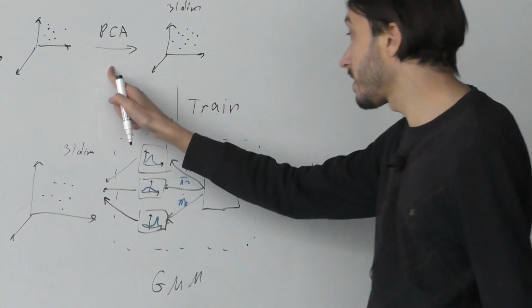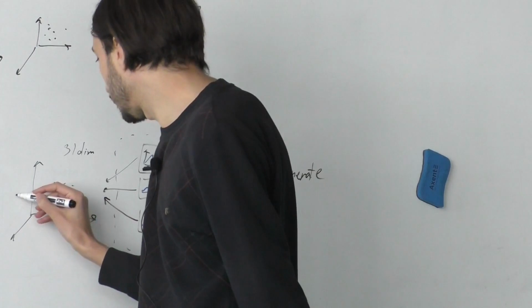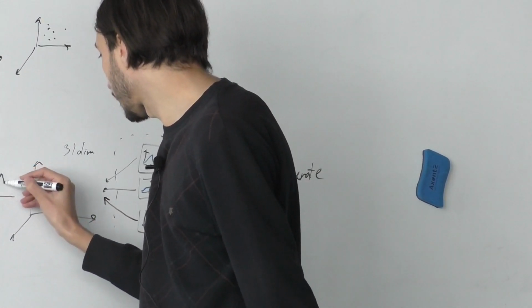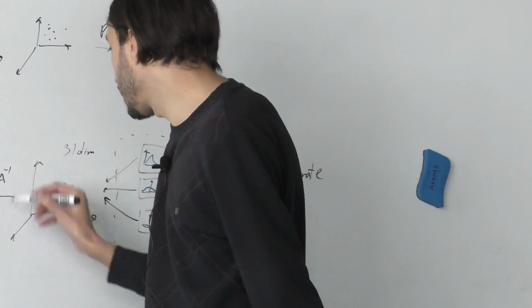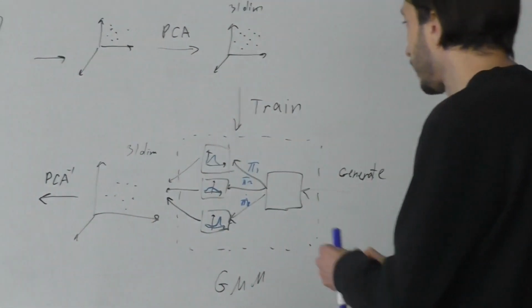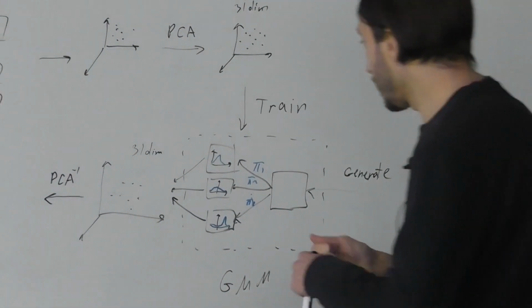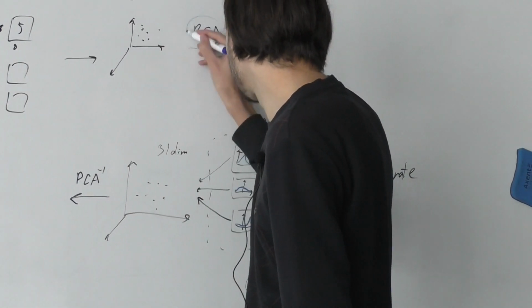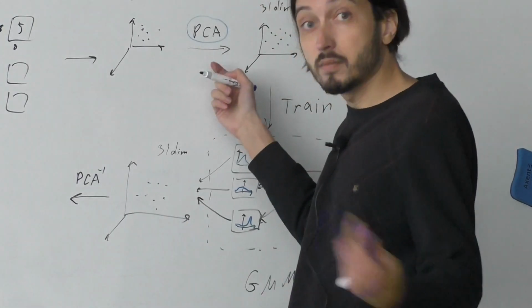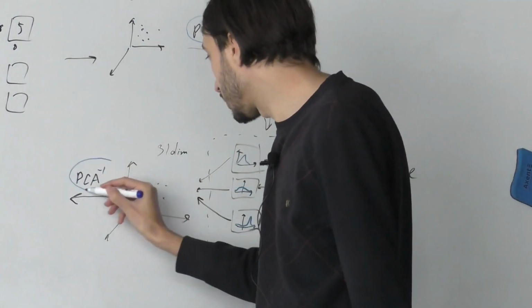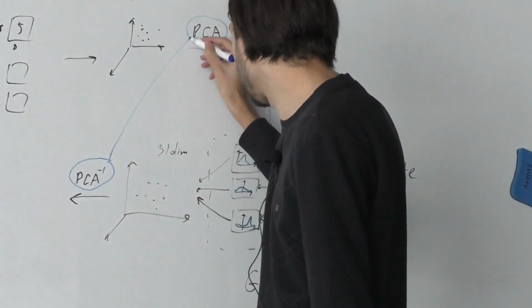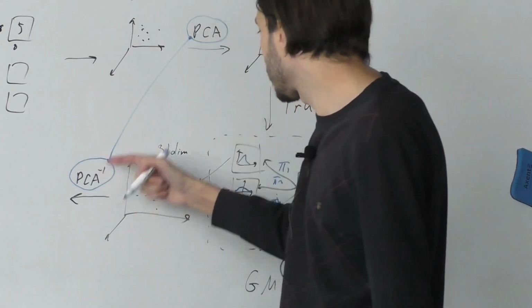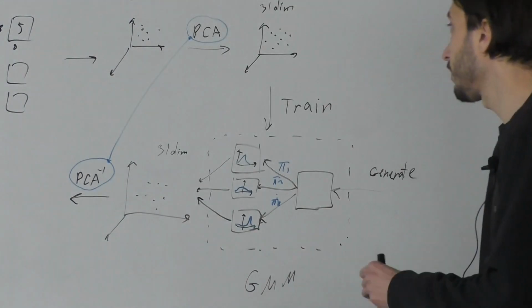Now I will perform the inverse PCA. Let's call it PCA to the -1. And of course, I can use the same parameters that I have in here. PCA is a machine learning method. It's trained, so it has trained somehow. So these PCAs are linked. I perform the inverse of exactly this one PCA.